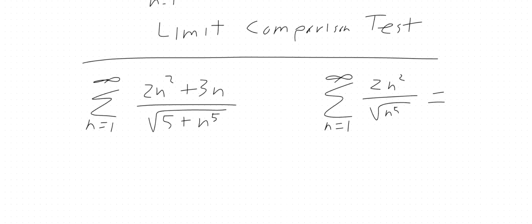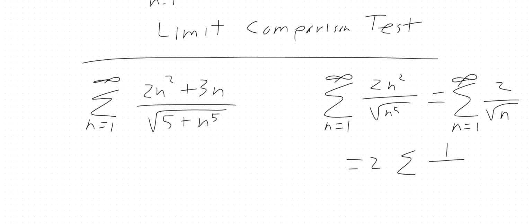And then doing a subtraction, since we're dividing our fractions, it's 1 over square root of n. Or if we wanted to pull out the 2 and change it, it's going to be 1 over n to the 1/2 power.